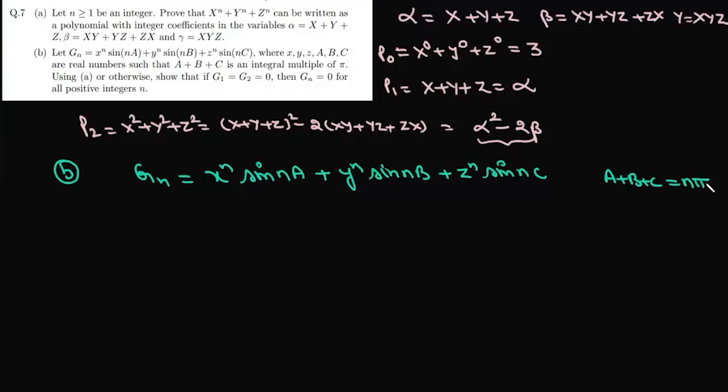Using part A or otherwise, show that if g1 equals g2 equals 0, then gn equals 0 for all positive integers n.